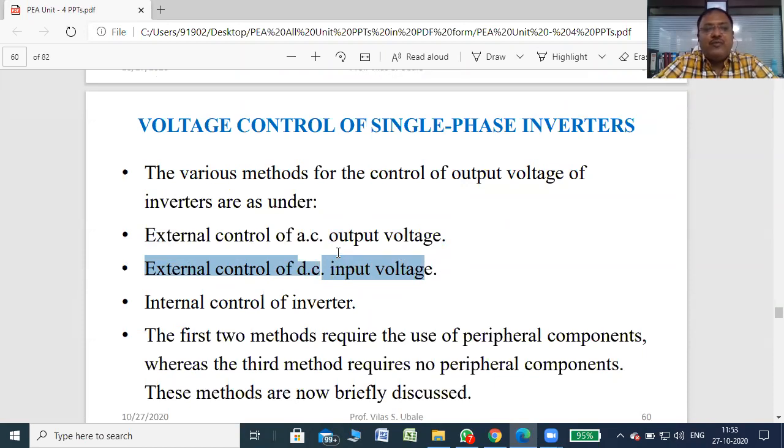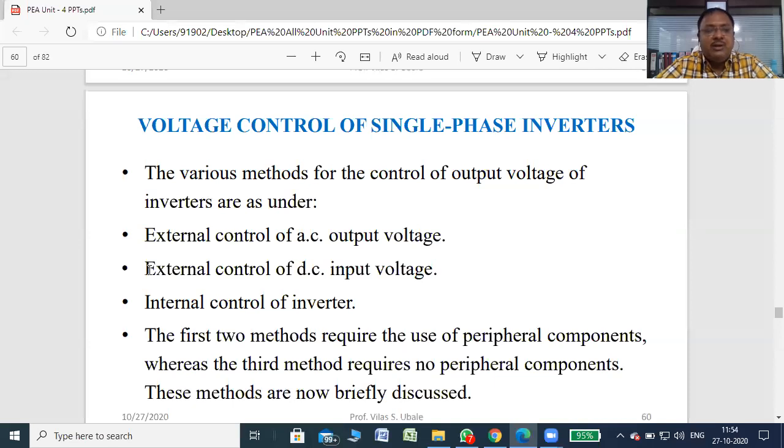External control of AC output voltage means the output of the inverter is controlled as a variable AC. The second is external control of DC input voltage, in which additional peripheral components and circuits are required to control the output of the inverter. That we have seen in the last lecture.